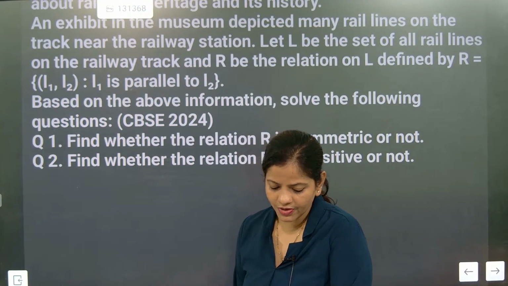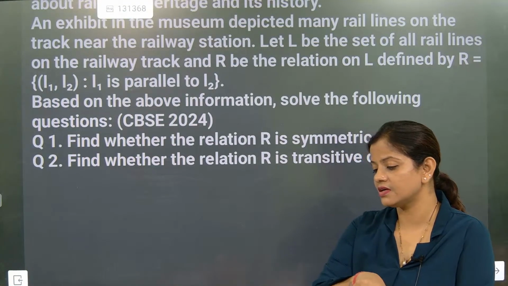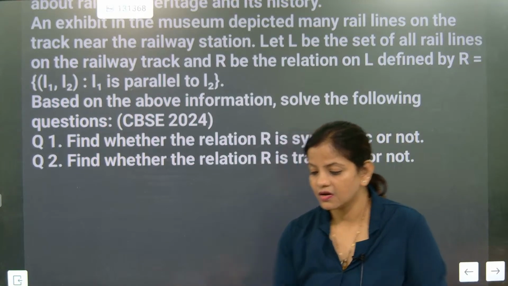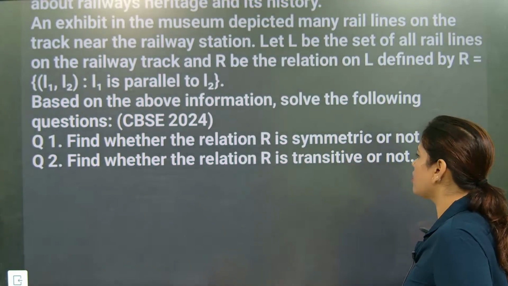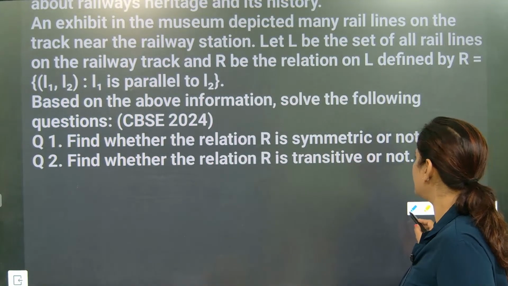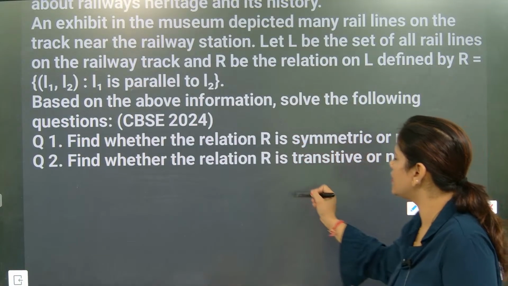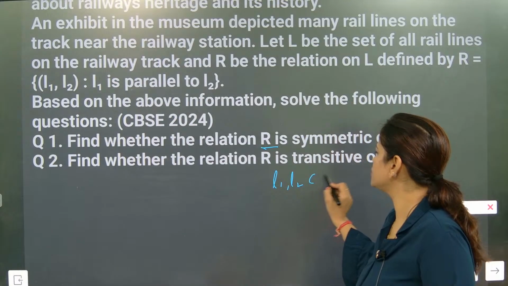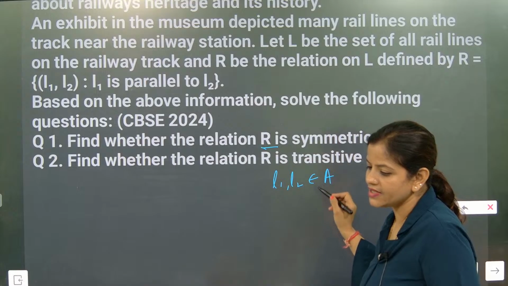So can you tell me, beta, what type of relation it is going to be? Come on, check. Are two parallel lines symmetric or not? Yes, it will be symmetric. They're telling us to check symmetric, so we will be talking about L1, L2 belonging to R. So definitely L1 comma L2 belongs to R, where L is the set where all the lines are there.